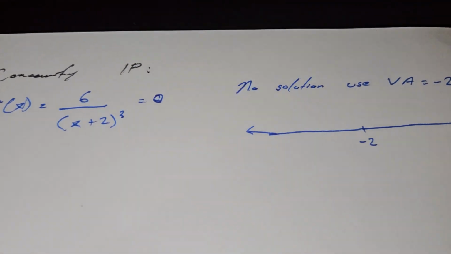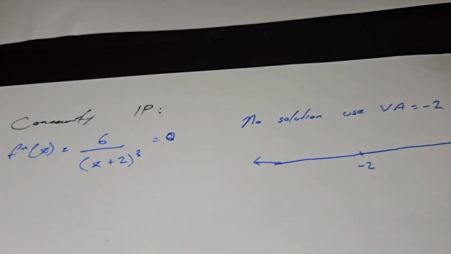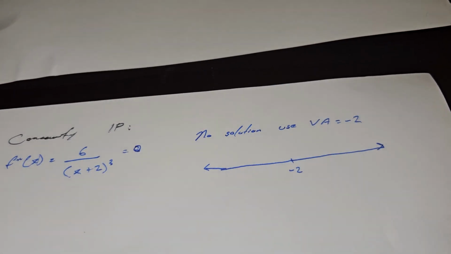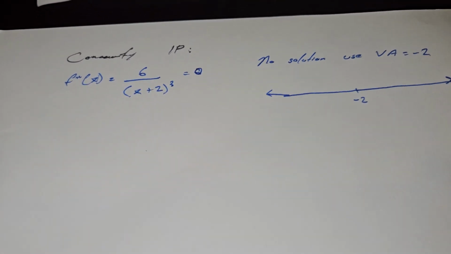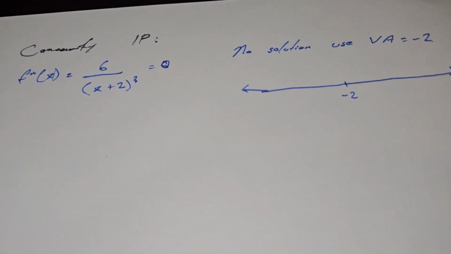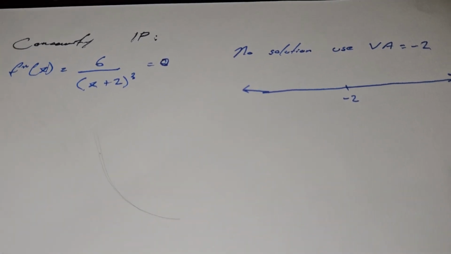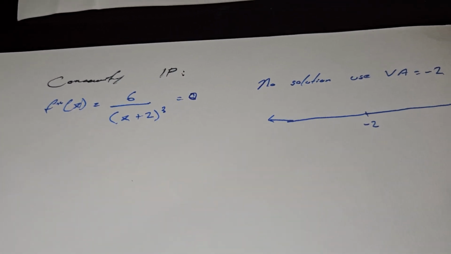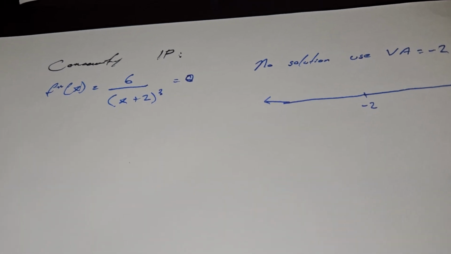Again, let's draw our number line. We have a negative 2 here. All you have to do is plug in values less than negative 2 and then greater than negative 2. Let's choose, for example, f double prime of negative 3. I'm not going to show the math, but if you put negative 3 into the function, you are going to get a negative 6 back.